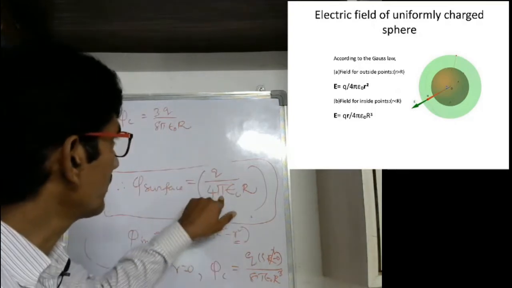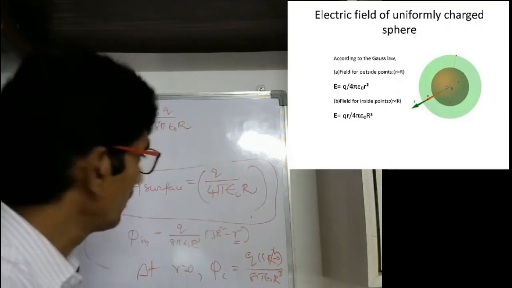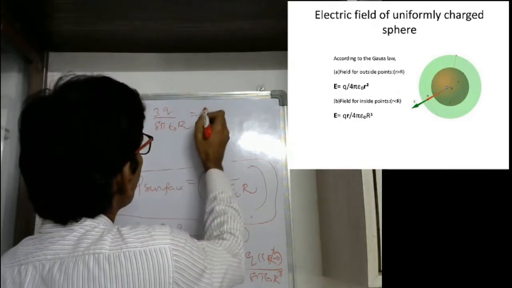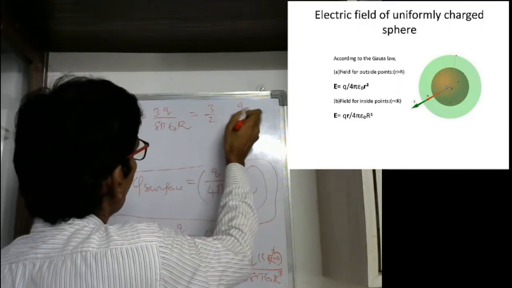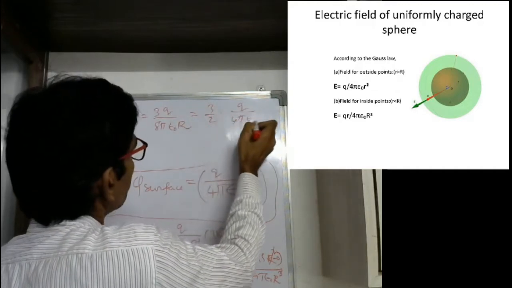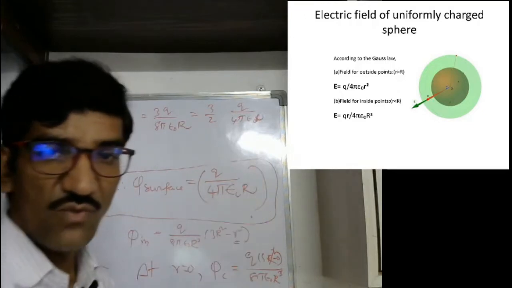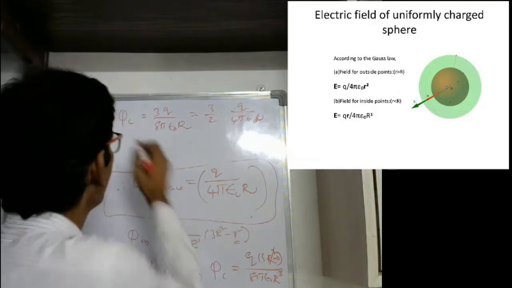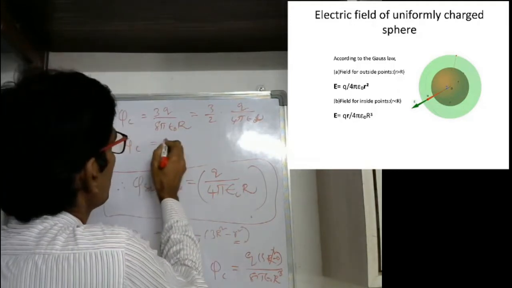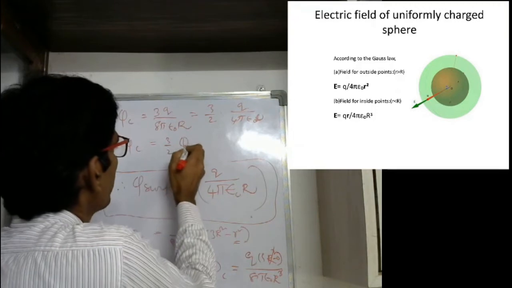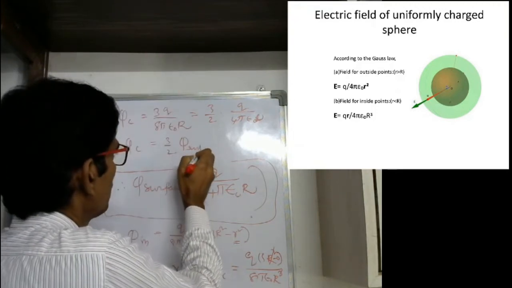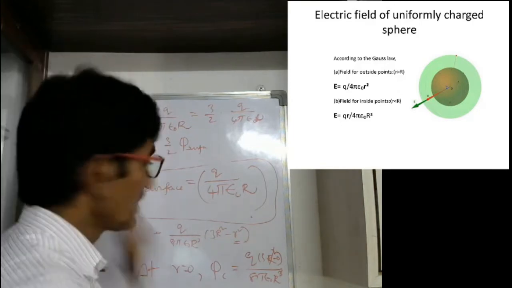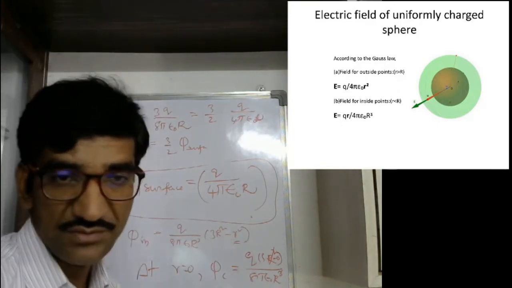See, what is the difference between this relation and this relation? You may express this in terms of the surface potential. You just simply write 3 by 2 q by 4 pi epsilon naught r. What is this q by 4 pi epsilon naught r? It is the potential at the surface. So, potential at the center is equal to 3 by 2 times the potential at the surface. Which one is higher? 3 by 2 means 1.5.